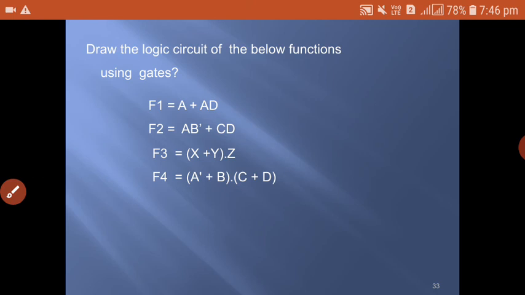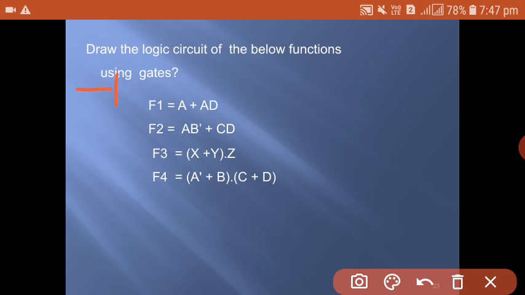Next, coming to the fourth function, for A bar plus B you need one OR gate, and for C plus D you need one more OR gate, and to these you need to connect an AND gate. First, in order to realize A bar, I need to consider an inverter, so that when you apply A here, A bar you will be getting here, and A bar plus B needs one OR gate.